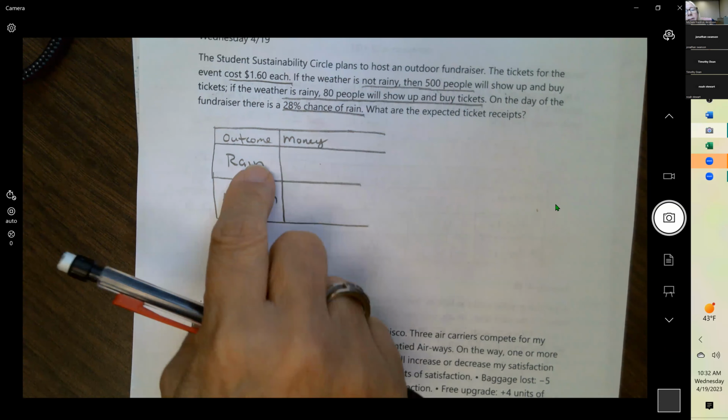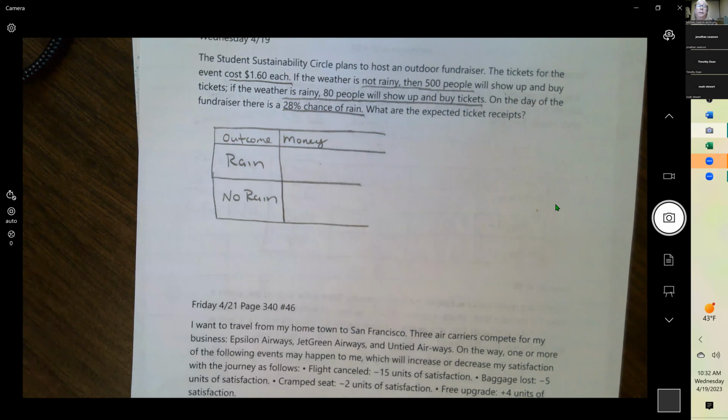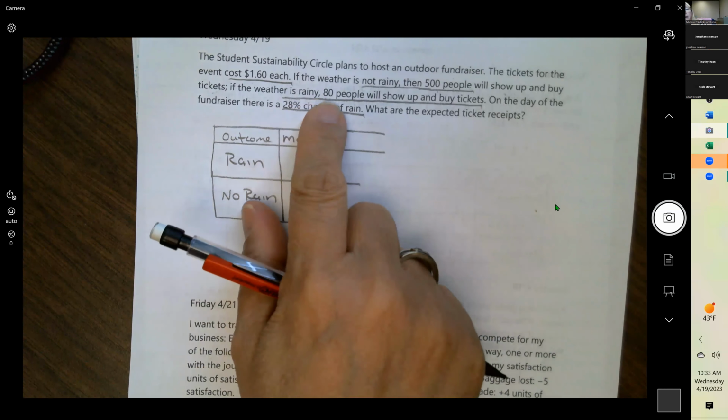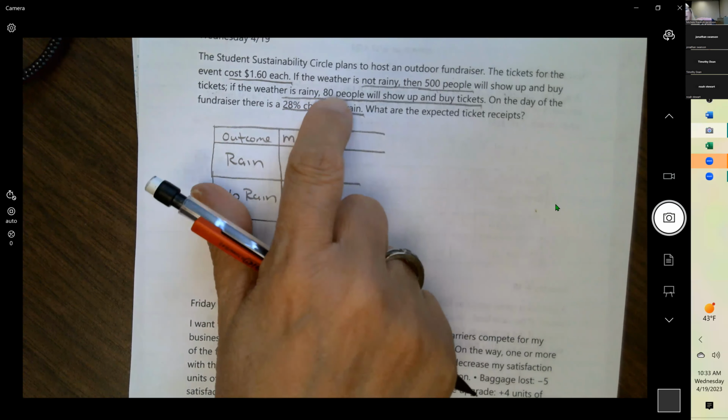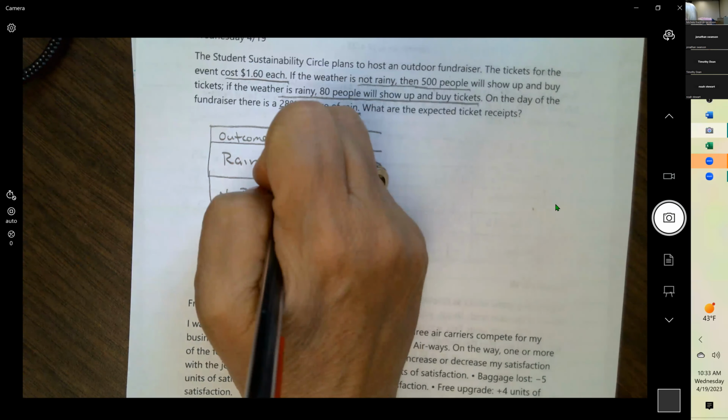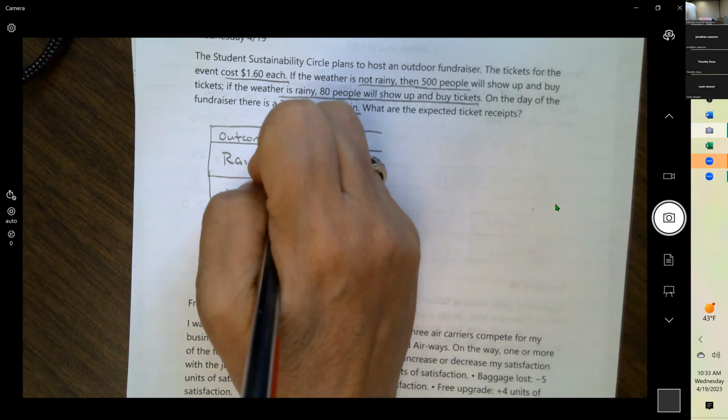If it rains, how would we find out how much money we'd make? Multiply the $1.60 times however many people show up, the 80 people. Right, so if it's raining, 80 people show up, so 80 times $1.60, we'd make $128.